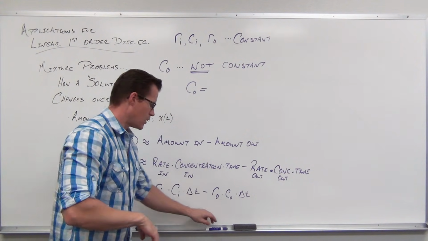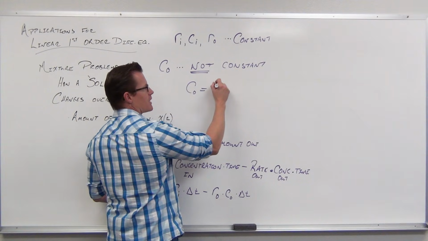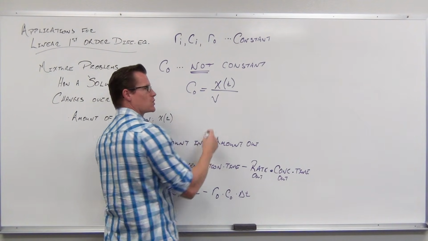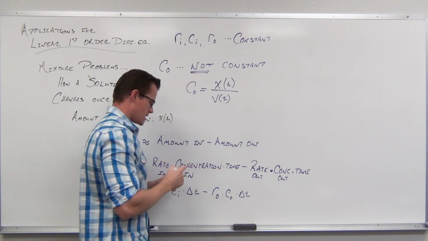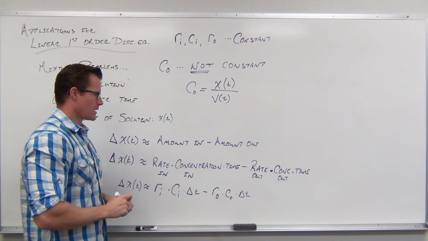So the concentration out, well mixed, sure, but always changing. It's based on how much is there divided by how you're distributing it in this volume at a certain amount of time. Let's go ahead and change this.